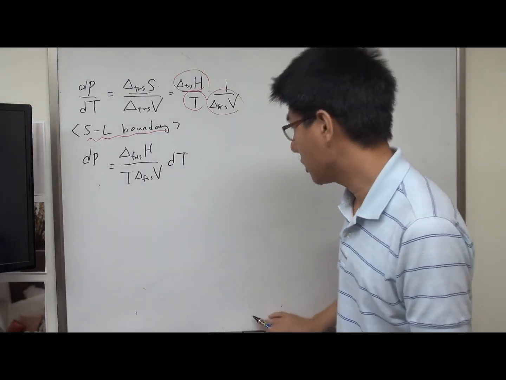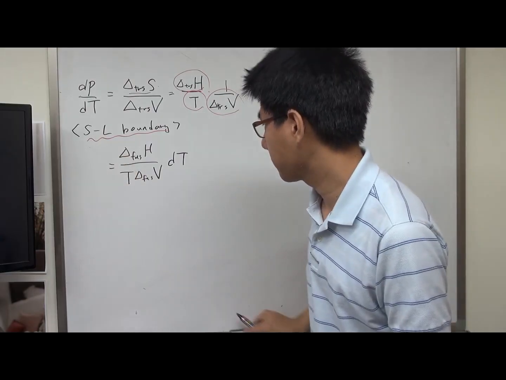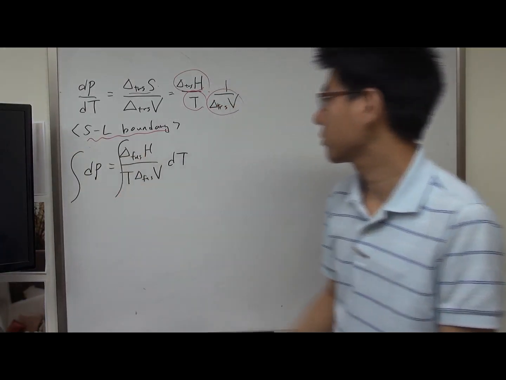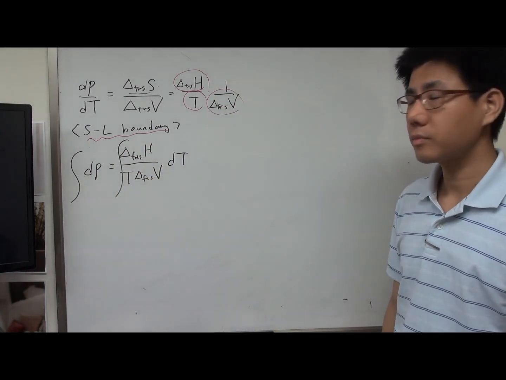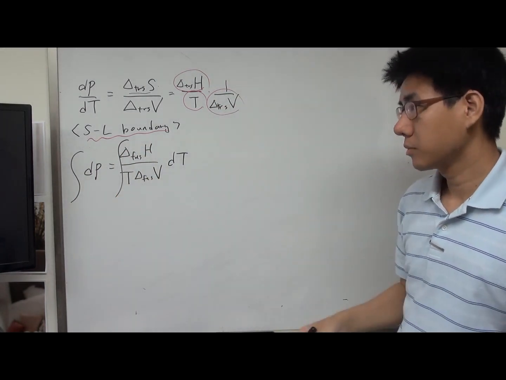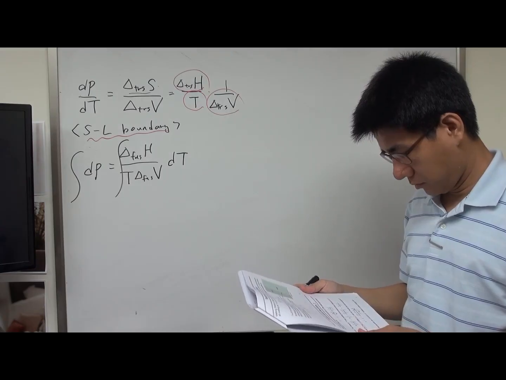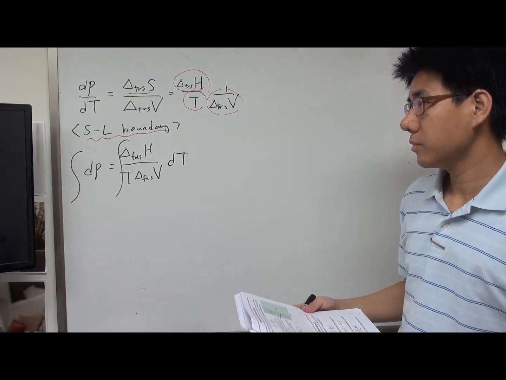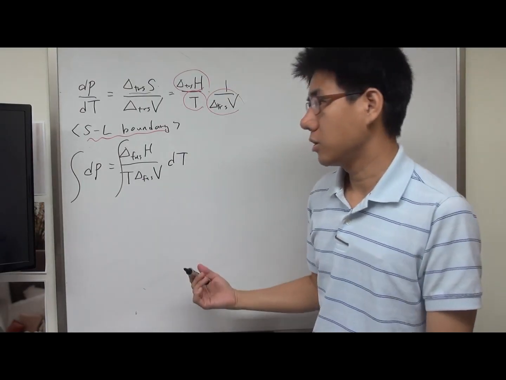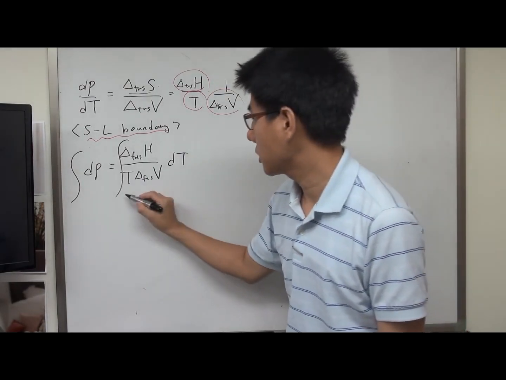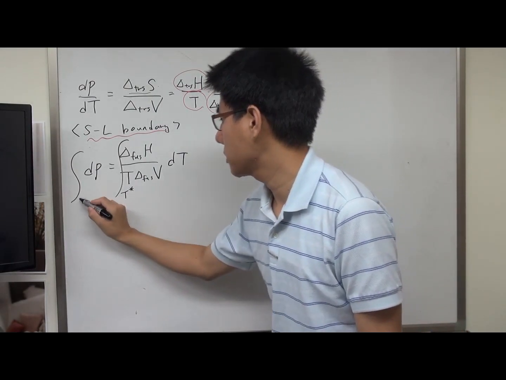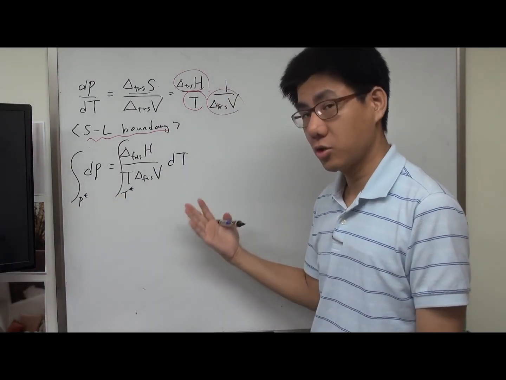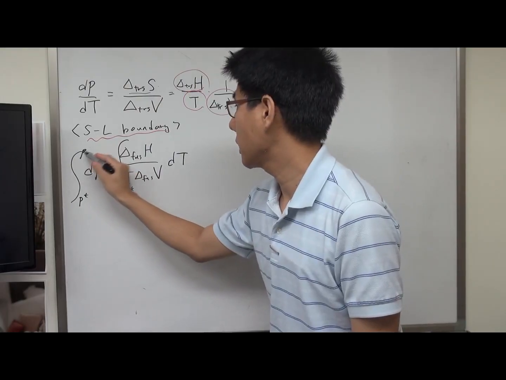And let's do the integration. Let's say that initial pressure and temperature correspond to P star and T star, and the final pressure and temperature as they change correspond to P and T.